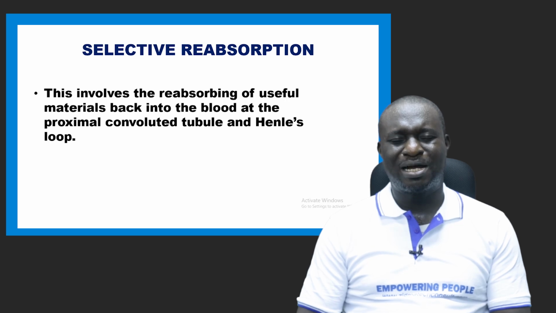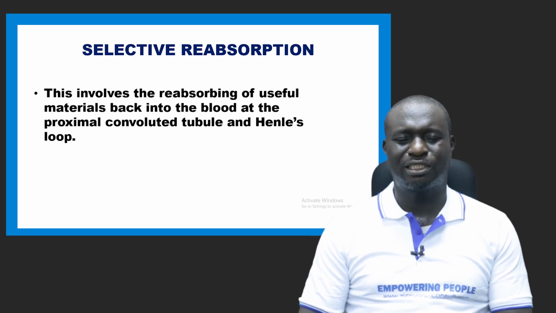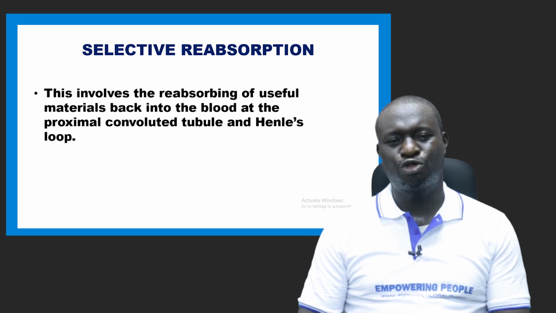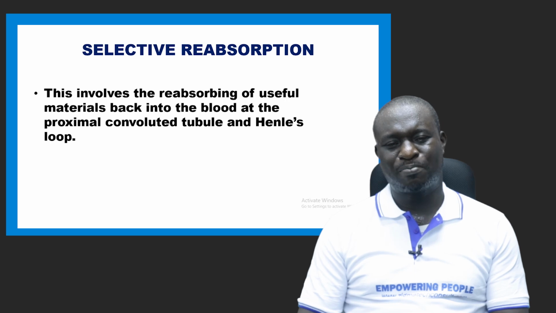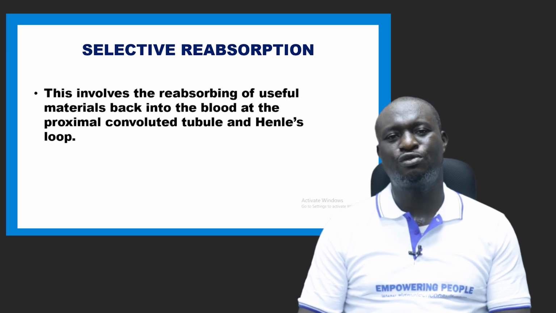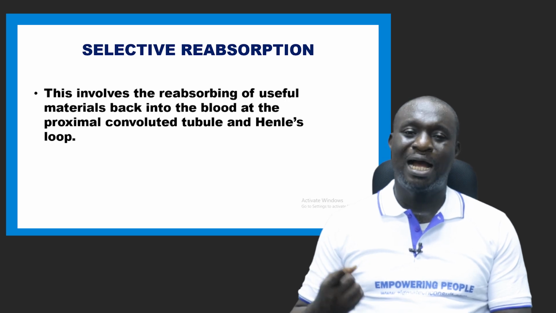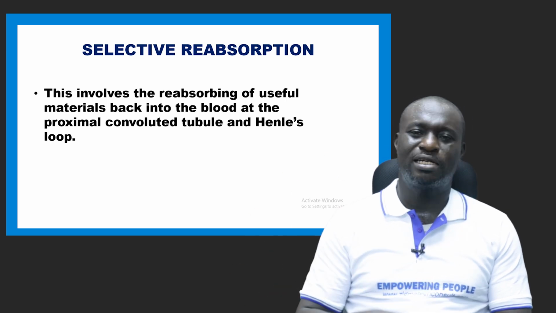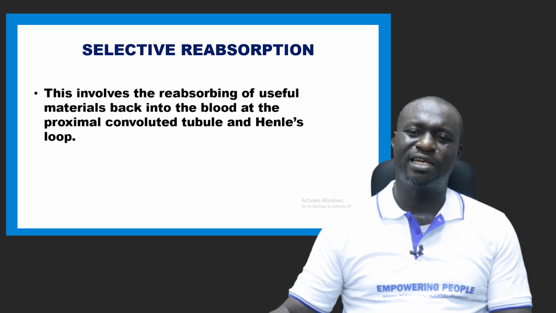When it passes through these places, useful materials that may have passed through the Bowman's capsule and entered as part of the filtrate are reabsorbed back into the blood capillaries. Then it proceeds from the Henle's loop.